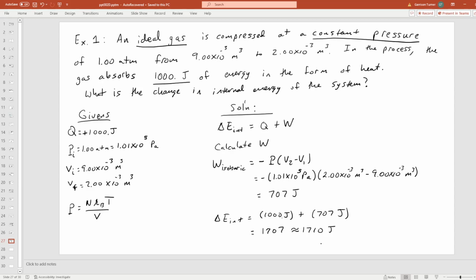But in any case, this particular situation is like putting a gas on a stove, if you will, like a container that's thermally conductive on a stove. So you're adding heat while you're simultaneously compressing some sort of piston. So you're both adding heat and you're compressing the system, and both of those processes are going to increase your internal energy.